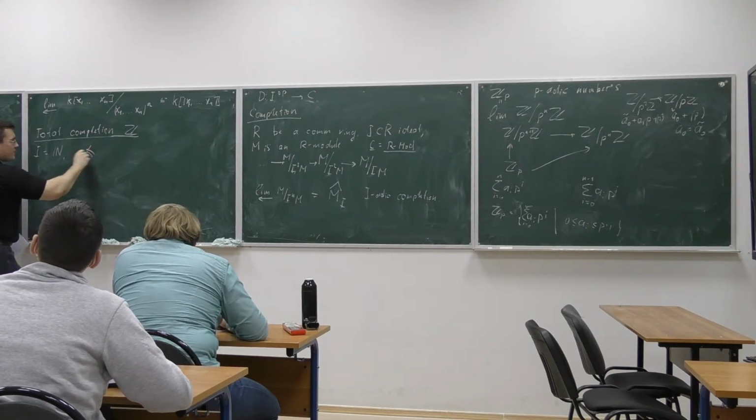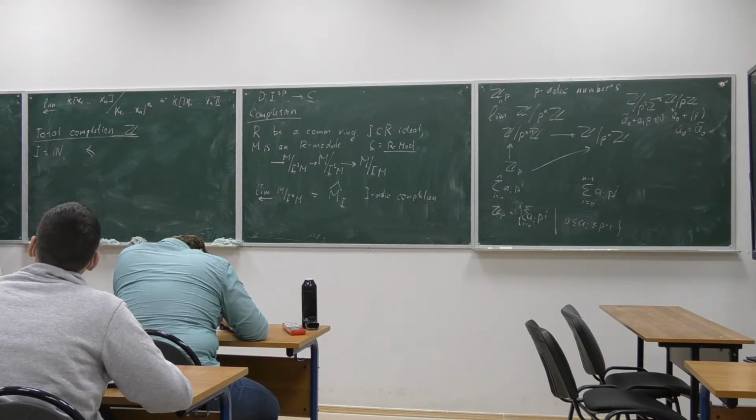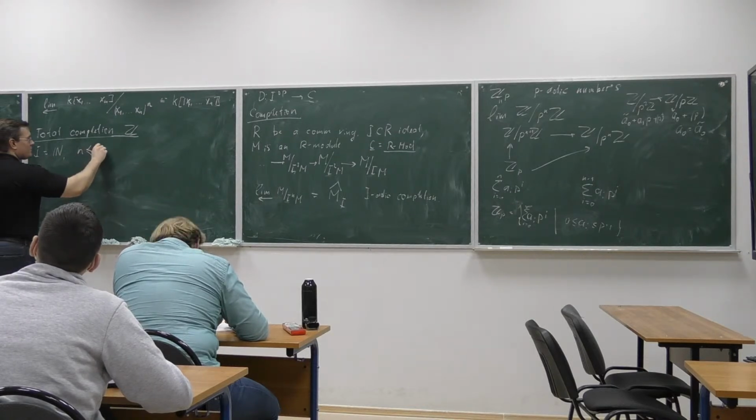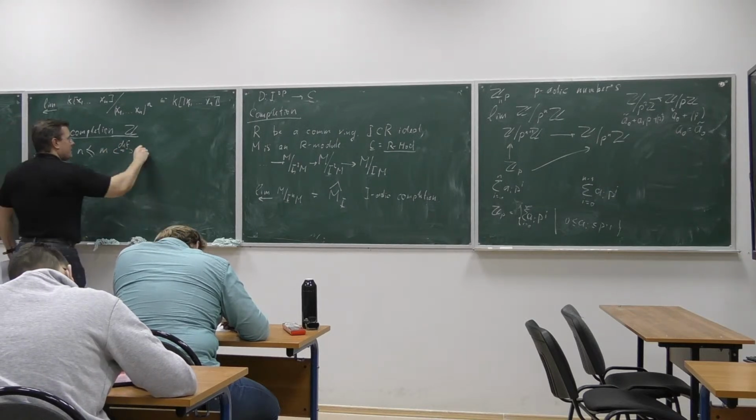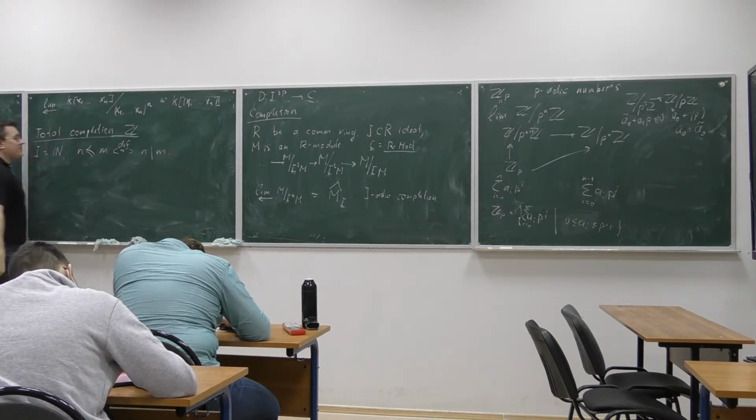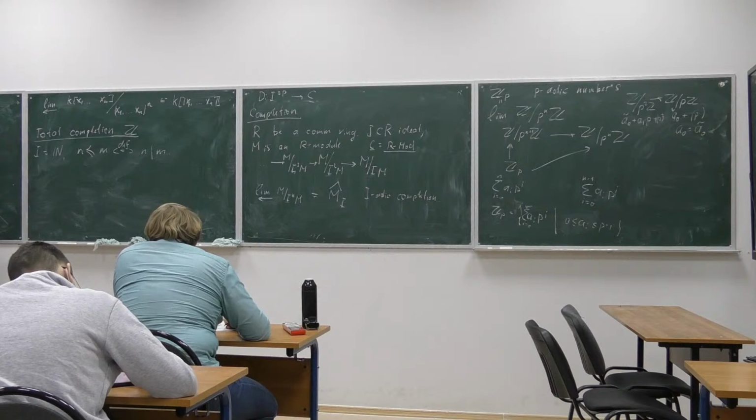If n is less than or equal to m, this means by definition that n divides m. You can check that this is again a directed set with this relation.